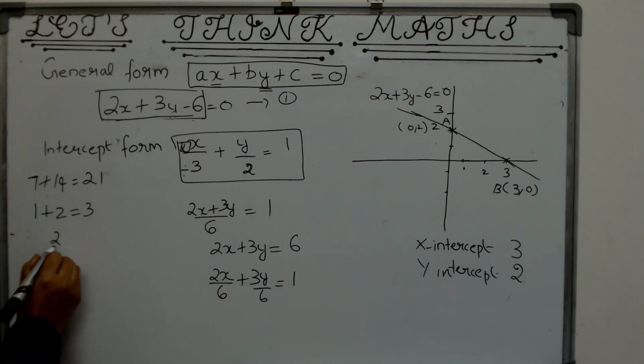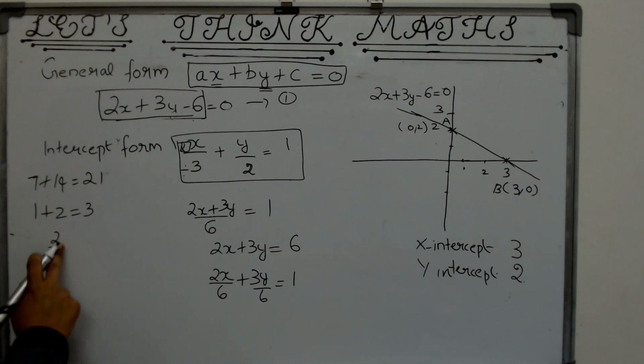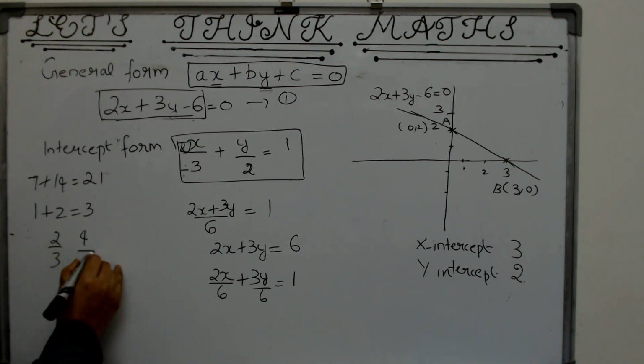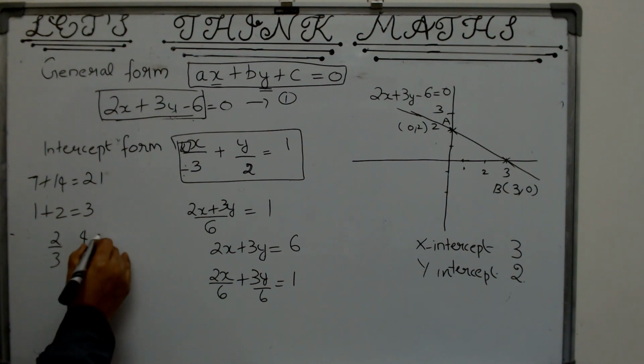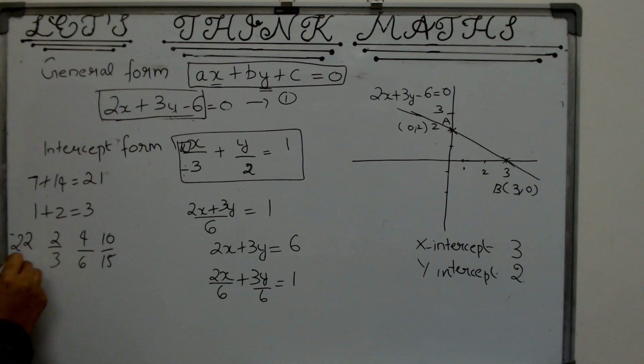Suppose you have 2 by 3. If you multiply or divide anything to this, the value remains same. For example, 4 by 6 or 10 by 15 or 22 by 33. All of this have the same value. Why?